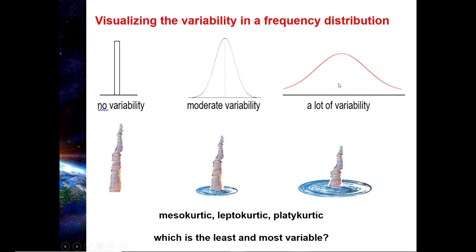All right. Now, I don't really have a mesokurtic distribution shown here, but mesokurtic would be in between. Okay, so in between this one and this one, we have mesokurtic. So if we were to order these from least variable, we would start with leptokurtic, most variable, platykurtic, and in between, mesokurtic. All right.